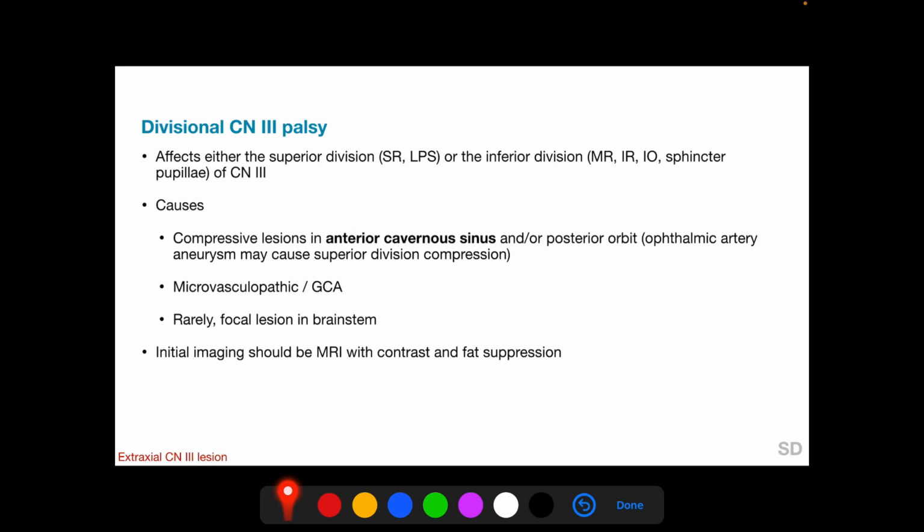Microvasculopathic lesions and giant cell arteritis may also involve only one of the two divisions of the third cranial nerve, and rarely a focal lesion in the brainstem may cause a divisional third cranial nerve palsy, because as we have seen, a functional division of the third cranial nerve may exist as proximally as the brainstem. So in a divisional third cranial nerve palsy, the initial imaging modality should be an MRI with contrast and fat suppression to rule out lesions in the anterior cavernous sinus and/or the posterior orbit.